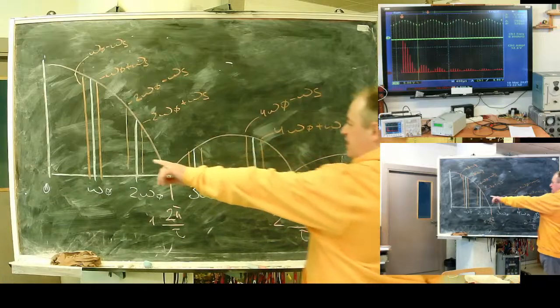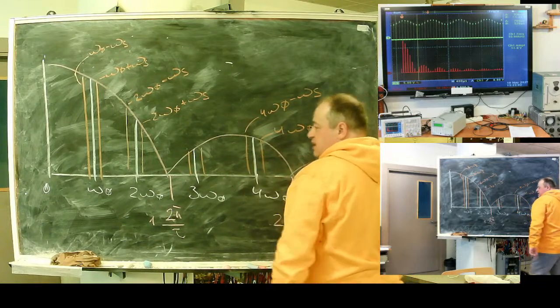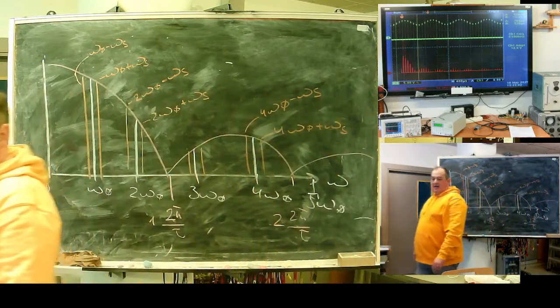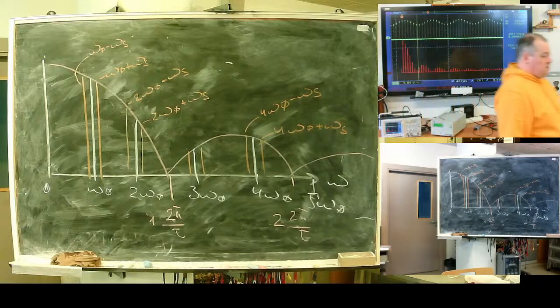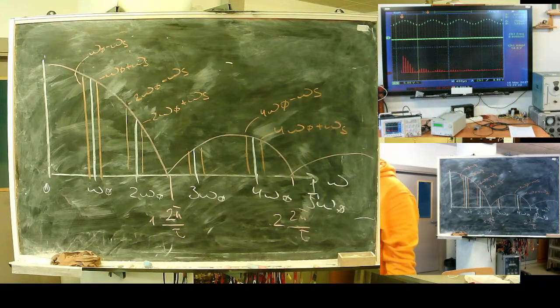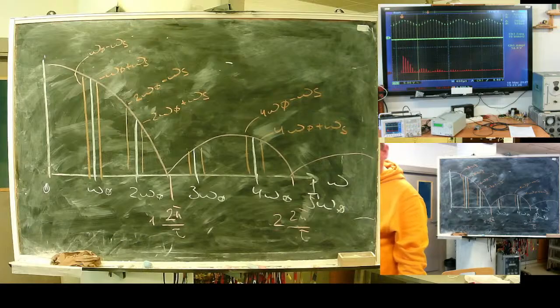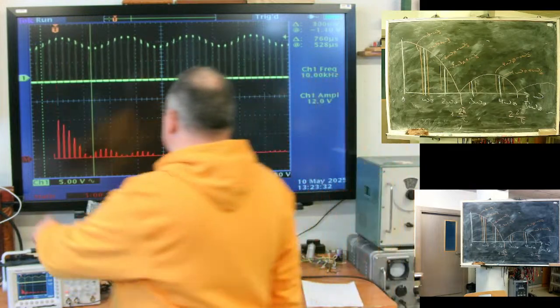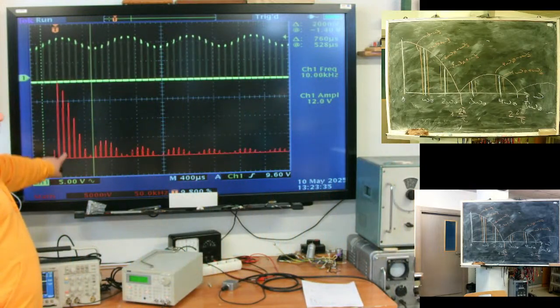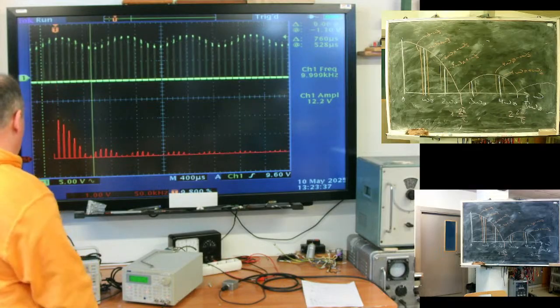The carrier sequence itself is represented with blue lines. Orange lines are spectral lines, the spectrum of my signal. Let's take a closer look. One second, here from the distance we see the spectrum lines of the carrier.